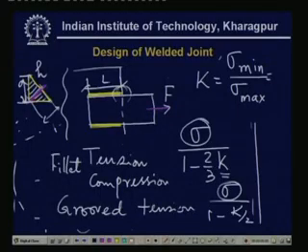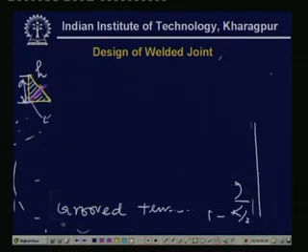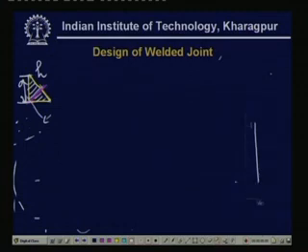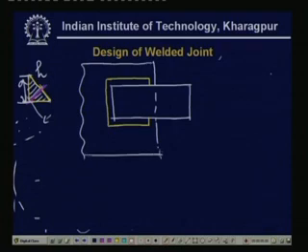Now for this type of joint, it was relatively simple. If you consider another, somewhat complicated joint like this, with fillets all around, subjected to a load something like this, which is again fluctuating in nature, how do we use those conditions?